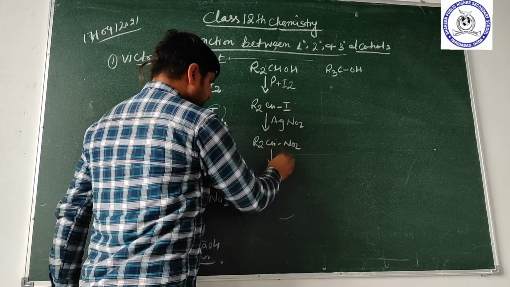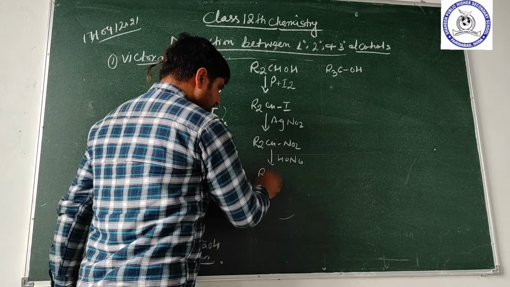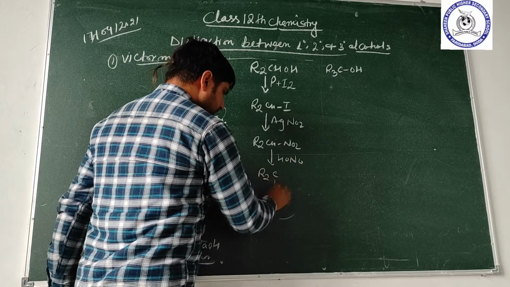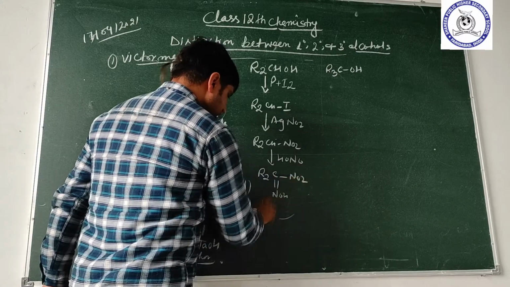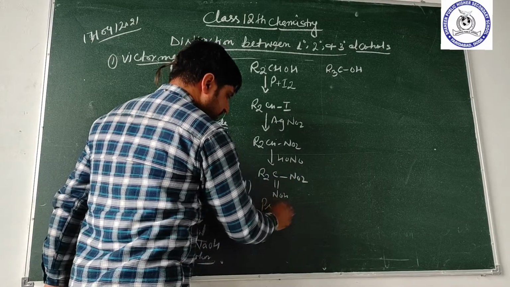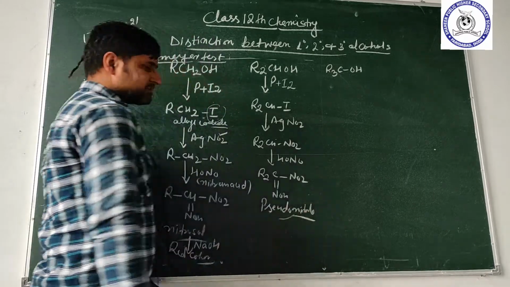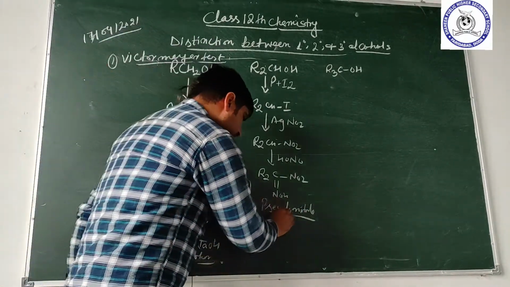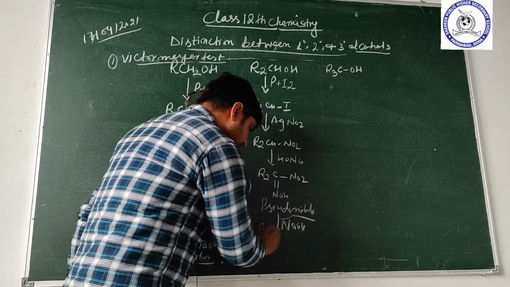Then in the third step, reaction with HONO gives R2C=NOH... the product is called pseudonitrole. Pseudonitrole is obtained, which upon reaction with base gives blue coloration.